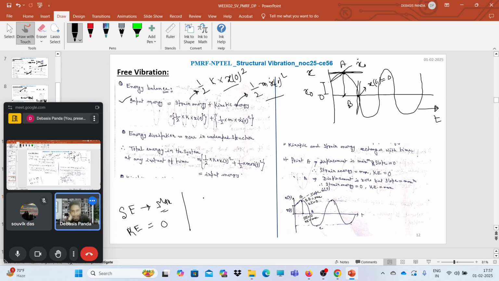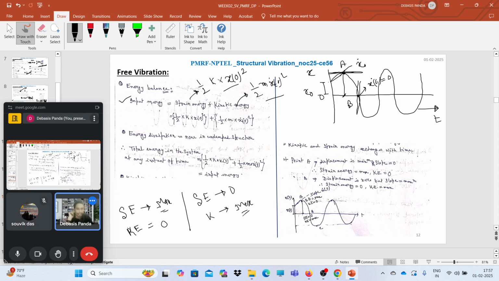So at point B, the strain energy is 0 but the kinetic energy is maximum. In this way, at each point, kinetic energy and strain energy are exchanged, and the energy gets balanced due to the initial conditions.